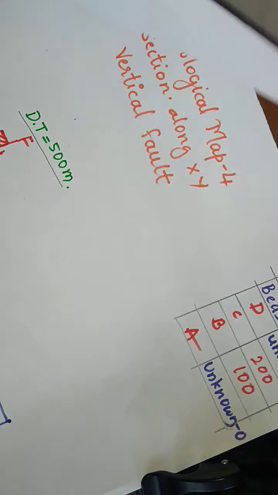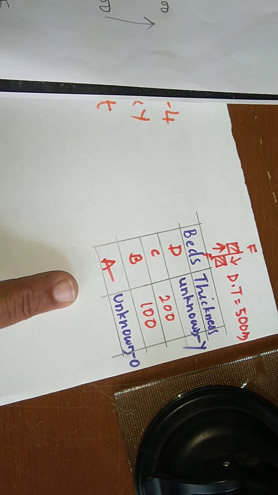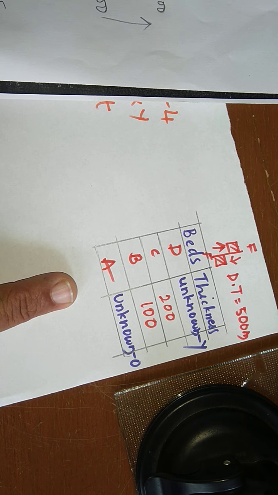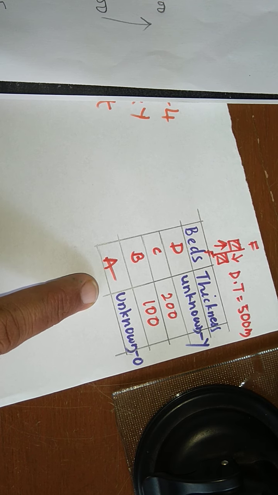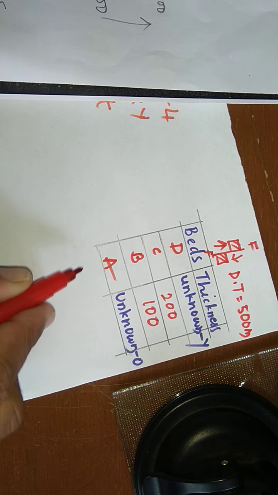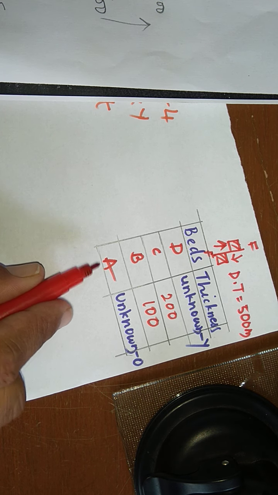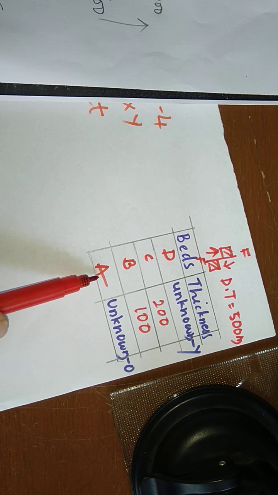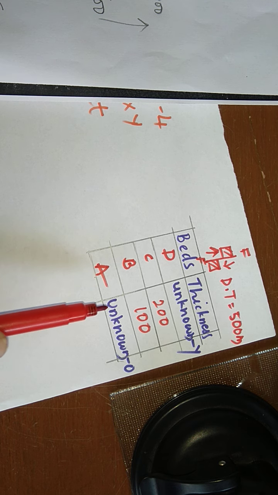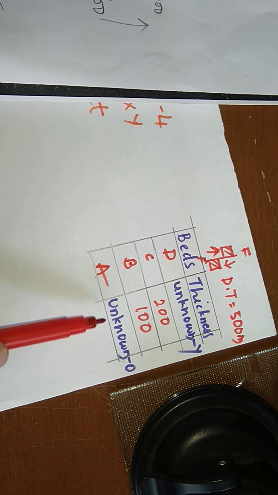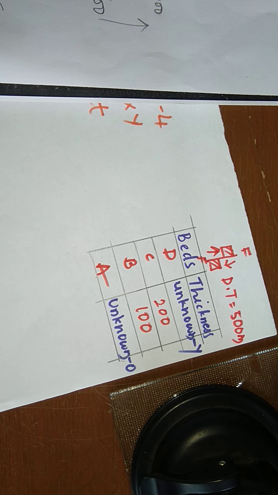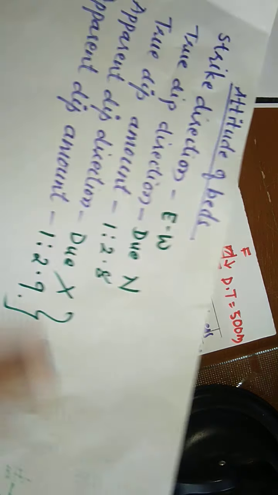Then in geology of the area we will write about the beds. So this area represents a single conformable inclined series of beds A, B, C, D, of which D is the younger bed and A is the older bed, and the order of superposition and the attitude of beds is given below.